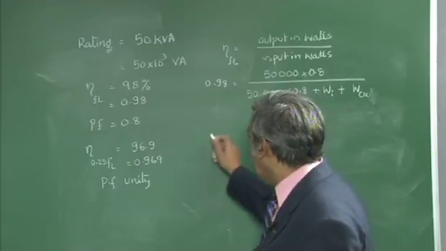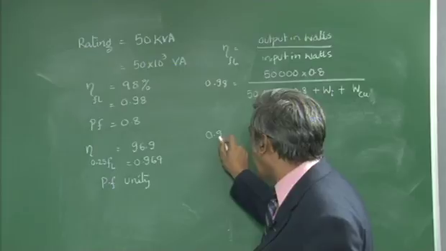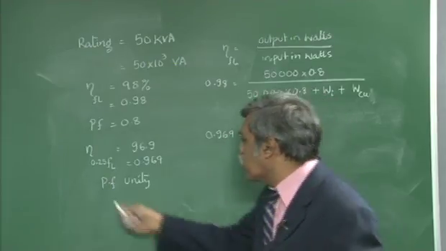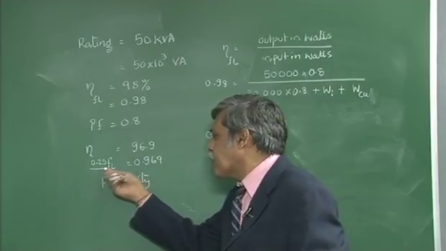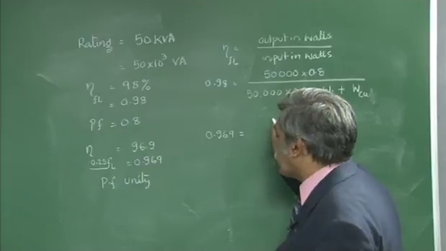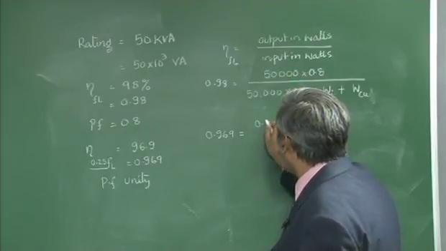Along the same lines, when I use the second efficiency, 96.9%, under what load condition is it? 25% of the full load condition. Therefore, the output of the transformer will not be full load, it will be 25% of that.